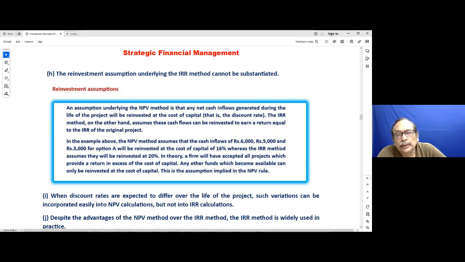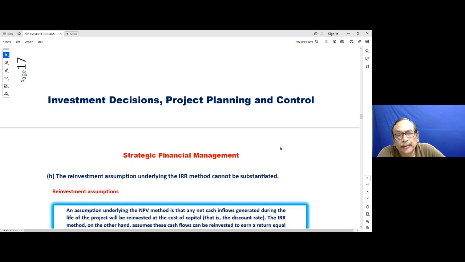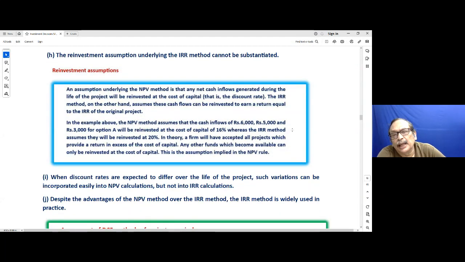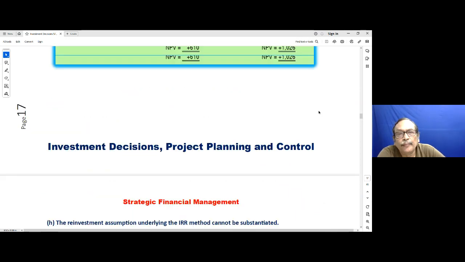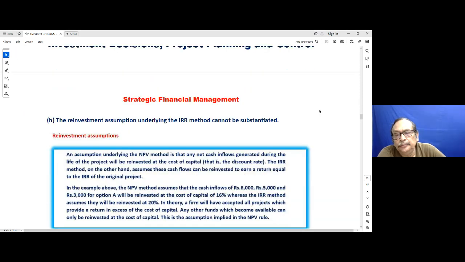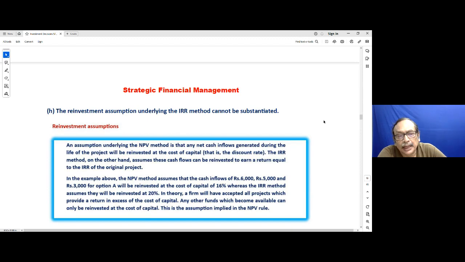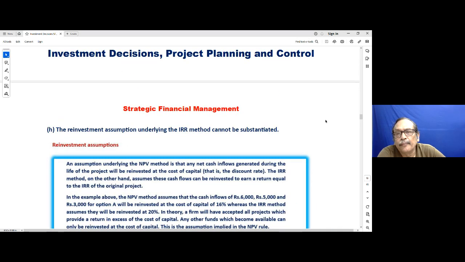Now, in the example that I have already given over here, the NPV method assumes that the cash inflows of rupees 6,000, 5,000 and 3,000 for option A will be reinvested at the cost of capital of 16%, whereas the IRR method assumes that they will be reinvested at 20%.